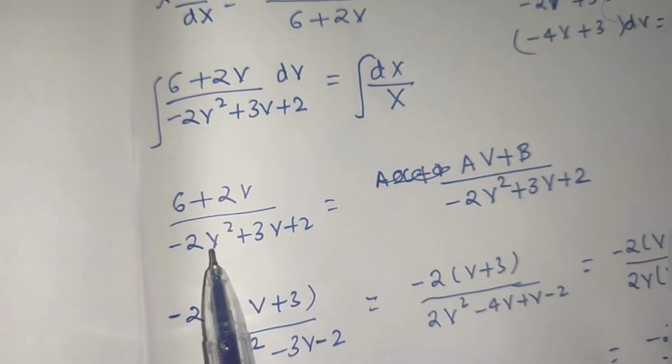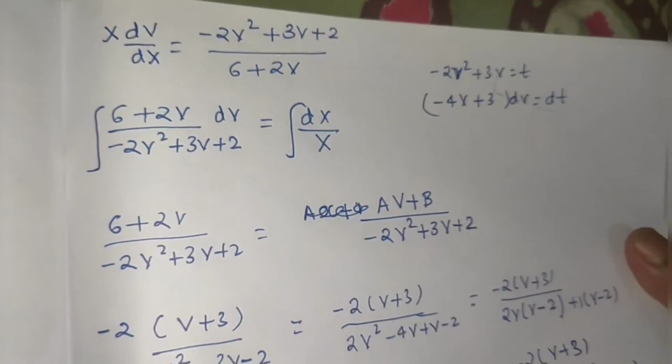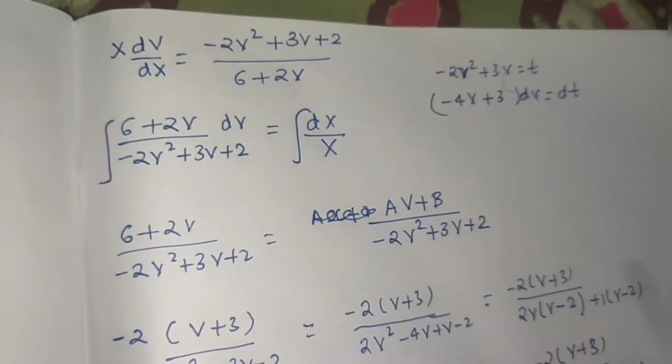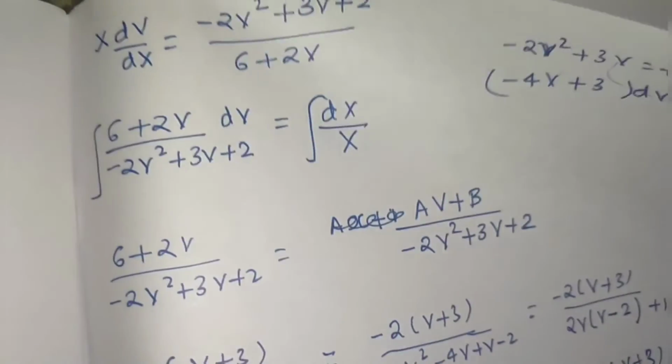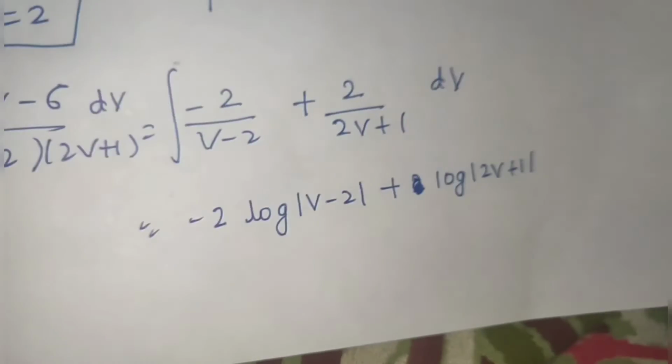Okay, so let's move ahead. Integration of RHS, which is dx by x, will be log x plus a constant, which I will write as log c. So RHS is log x plus log c, and LHS is this.